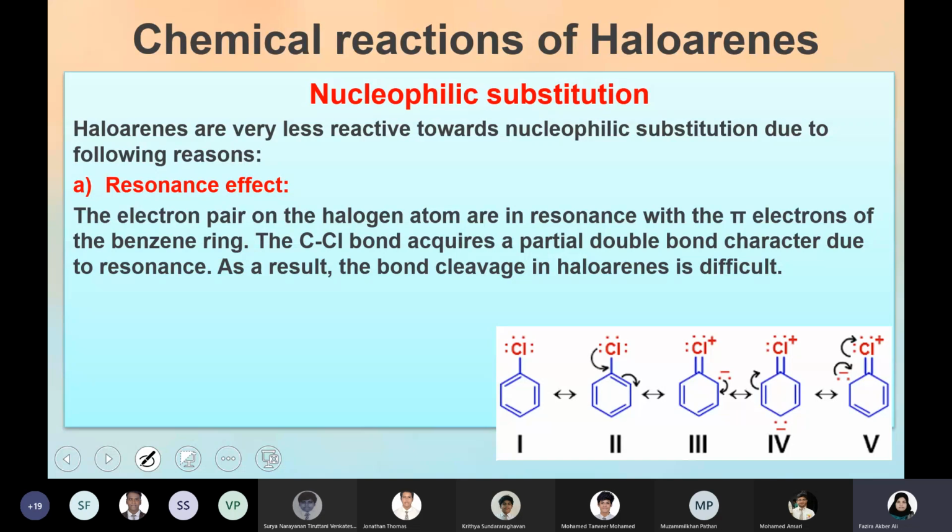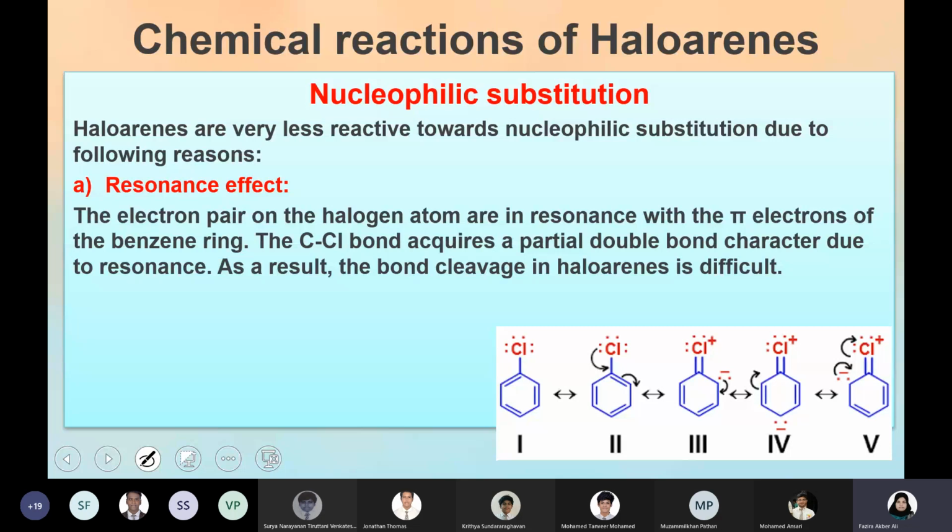In haloalkanes, the major reaction they undergo was nucleophilic substitution, which we discussed in detail. But when it comes to haloarenes, that is a benzene ring compound with halogen, nucleophilic substitution is very rare or less reactive. The first reason is the resonance effect.